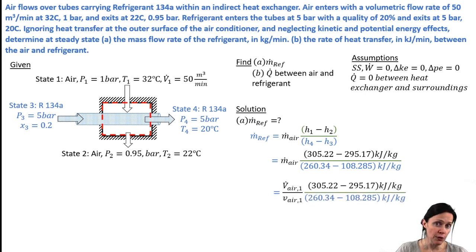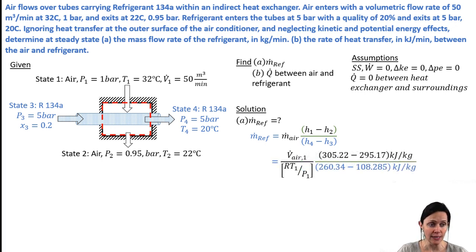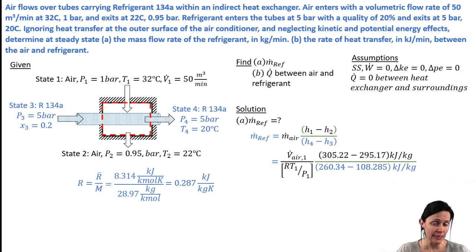The specific volume of the air at state 1, I can't look that up, but I can calculate it using my ideal gas law if I made the assumption that air behaves as an ideal gas, which would be perfectly okay here. And so RT1 over P. I do need to make sure that I calculate the specific gas constant, which is R bar over my molar mass.